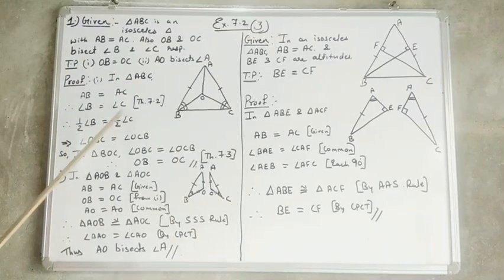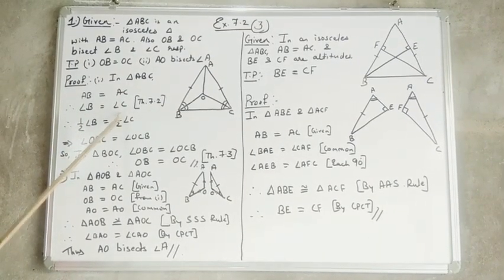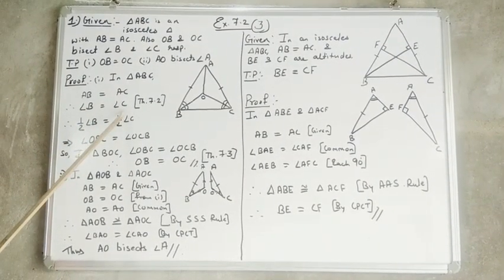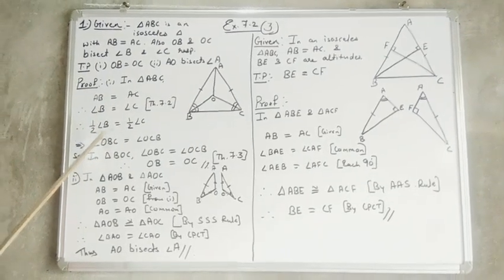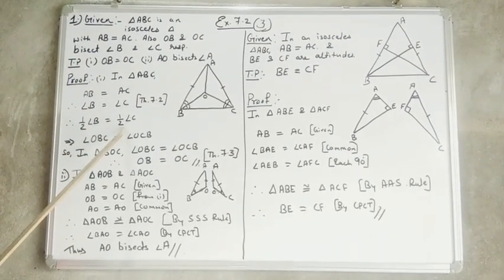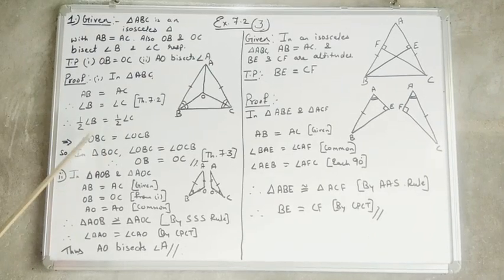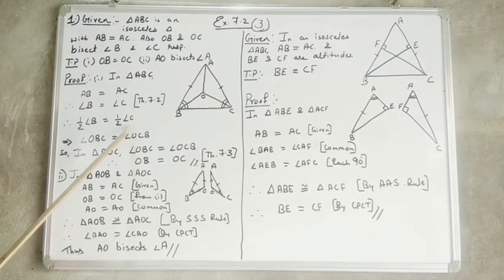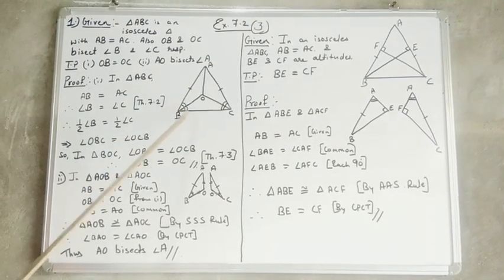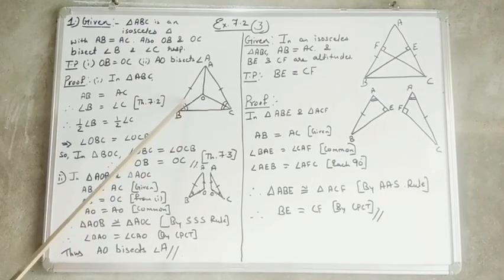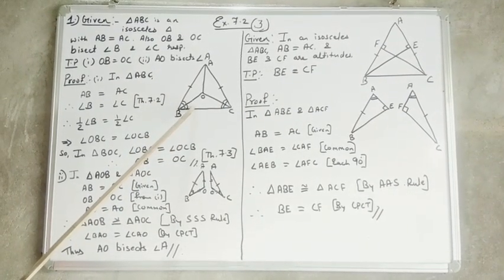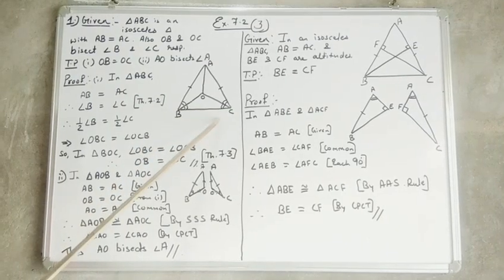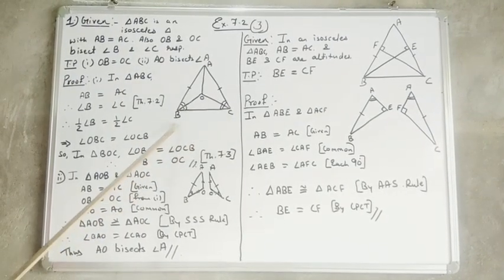So angle B is equal to angle C, and half of angle B is also equal to half of angle C. Half of angle B will be maybe this and maybe this, but I am considering this one. So angle OBC is equal to angle OCB.